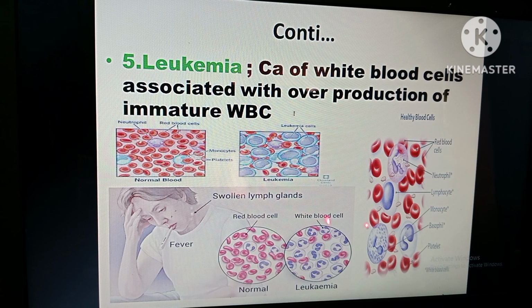In the picture you can see normal blood cells in red. In leukemia you can see the immature WBC, and the normal blood cells are reduced in number. When you look at the picture, you will come to know the changes.